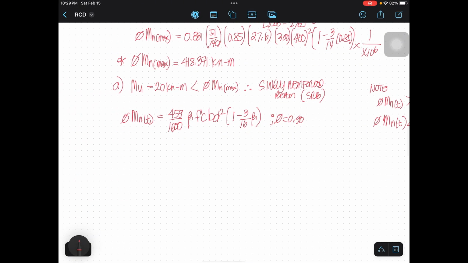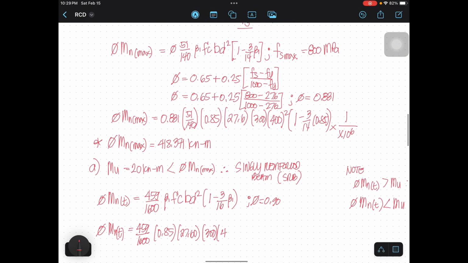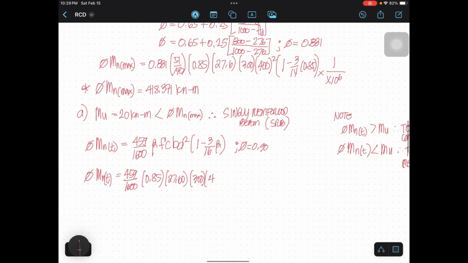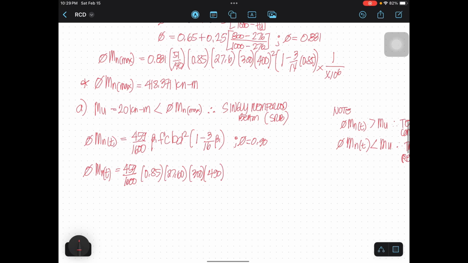Okay? So going back, yung ating tension control moment capacity is 459 divide 1,600 multiply by 0.85. F prime C natin na 27.60. Base natin na 300 and effective depth of 490 squared.